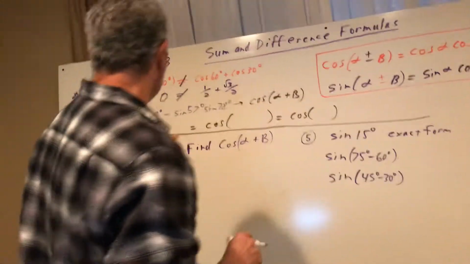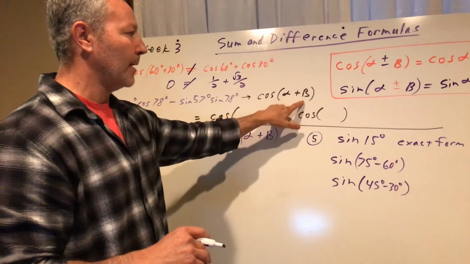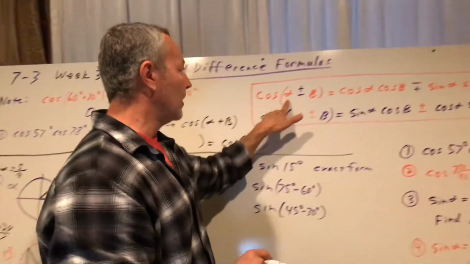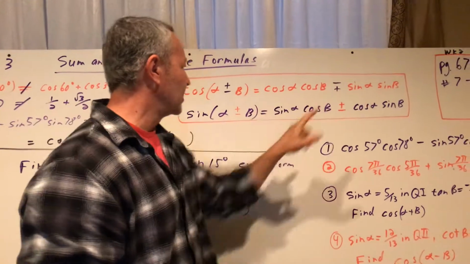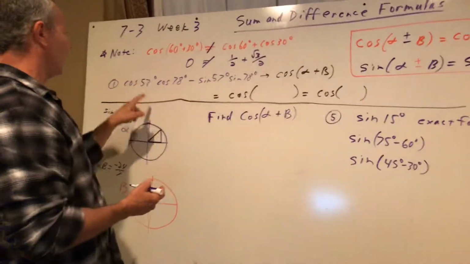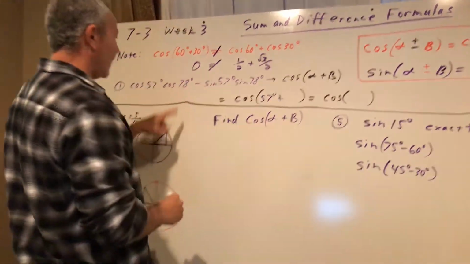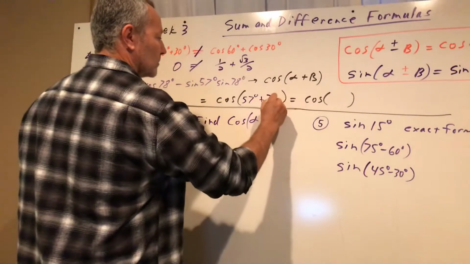Our problem's in cosine, we have a minus, so it'll end up being cosine of alpha plus beta. Okay, and alpha, if you notice, that's just the first angle in each one, and beta is the second angle. Okay, so in our problem, alpha, that's 57 degrees. And beta is 78 degrees.